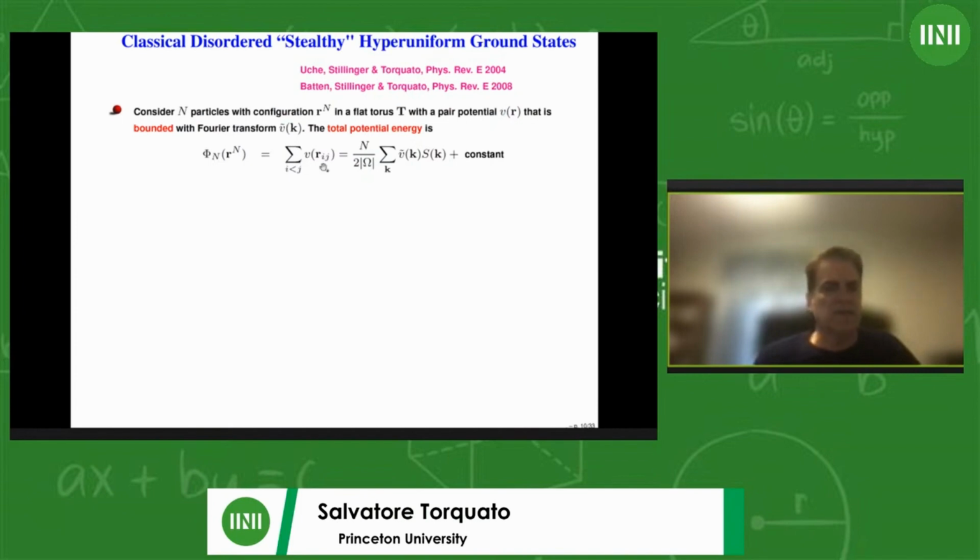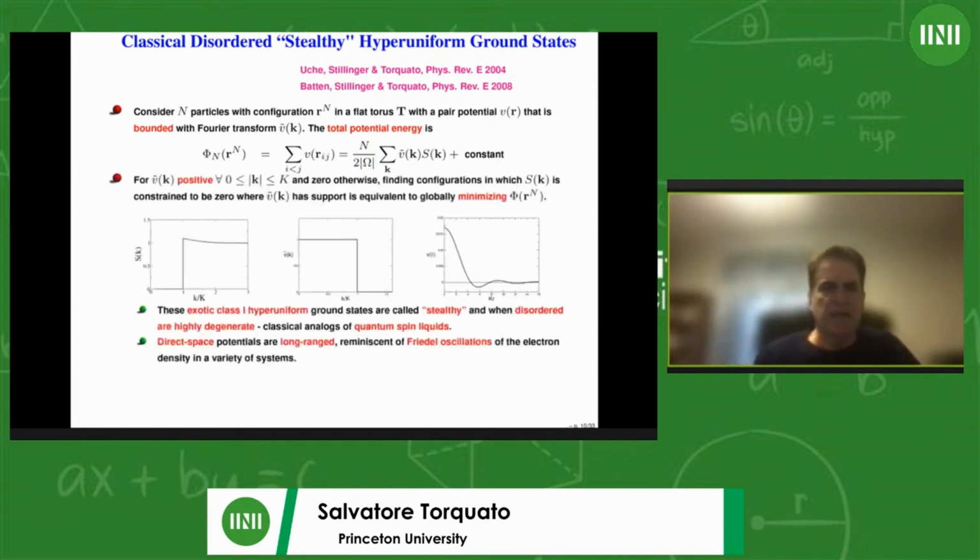Or, because of the periodic boundary conditions, you have the Fourier representation of this, which is a sum over wave vectors. Inside it, you have the Fourier transform of the potential times the structure factor that I mentioned earlier, plus a constant that is independent of the structure. Now, here's the trick.